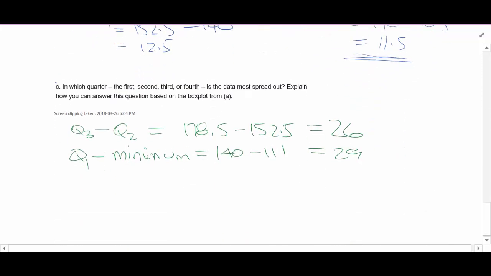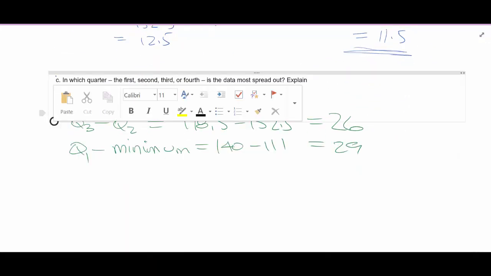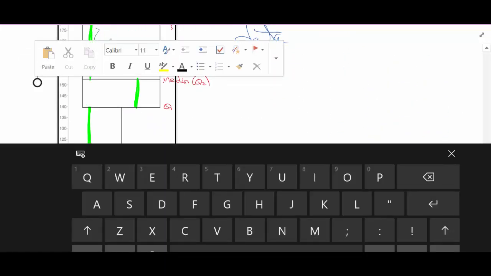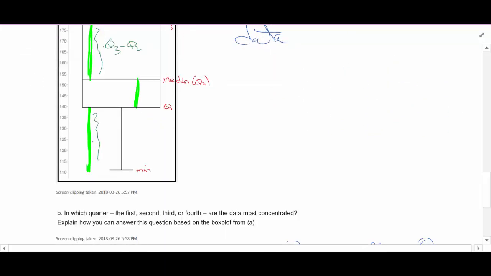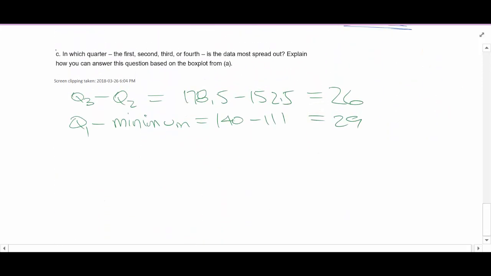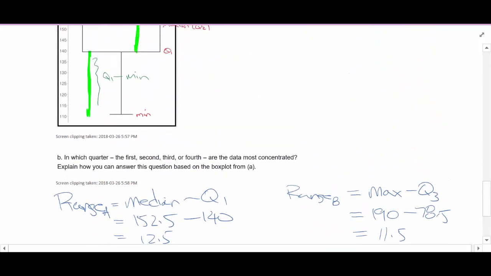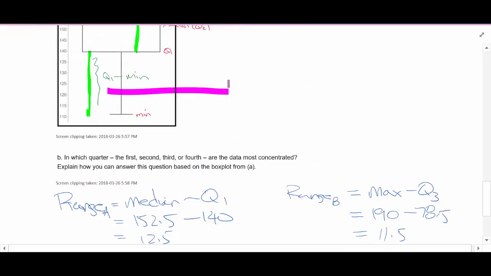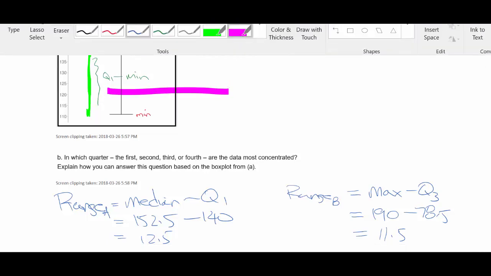And I also calculated Q1 minus the minimum, which is this. Turns out that Q1 minus the minimum is a bigger number, 29. So that's where the data is least concentrated. Here in this region, data is less concentrated.